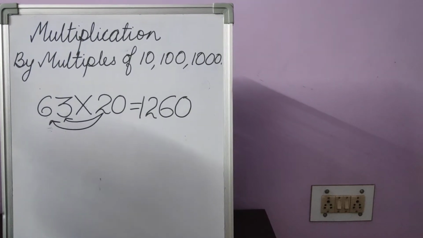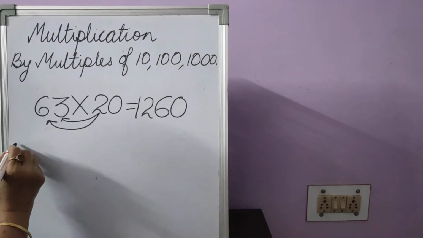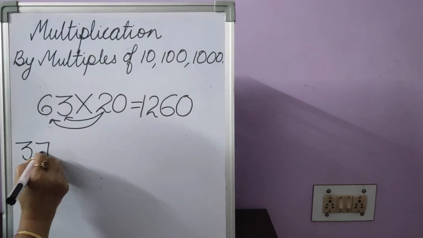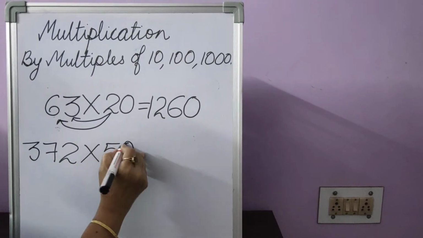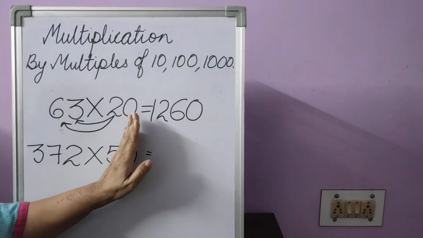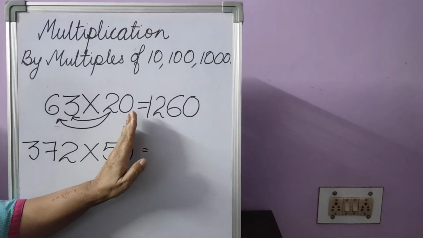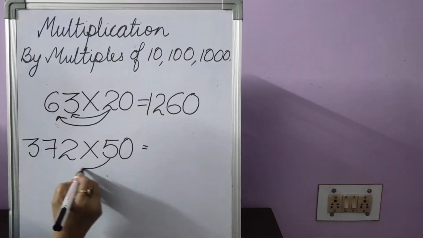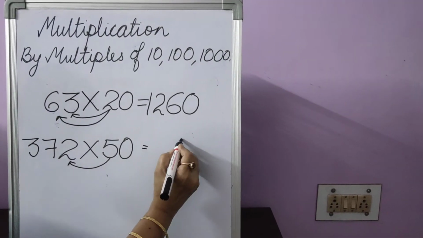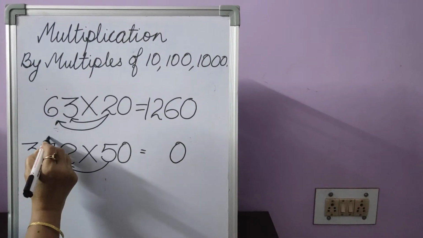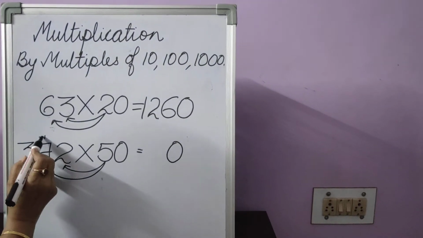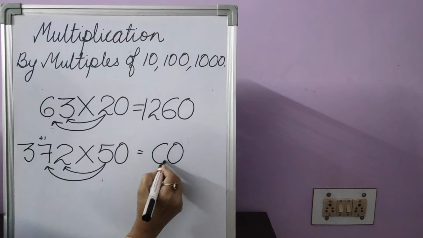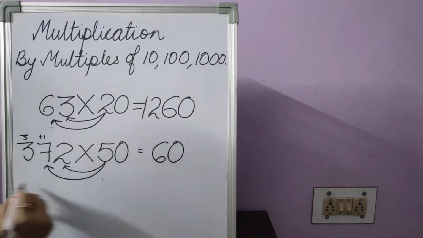Now another sum. For example, we have 372 multiplied by 50. Again, leave out the 0 for the time being, only for the present. Then again 5 2s are 10, 0 carry over 1. Now 5 7s are 35 plus 1, 36, 6 carry over 3.